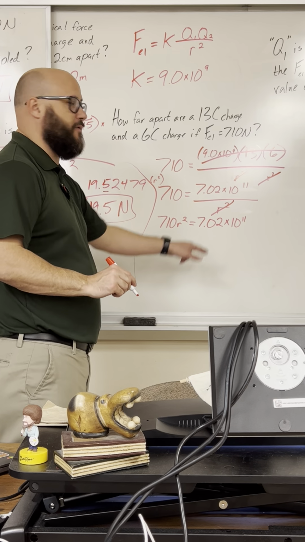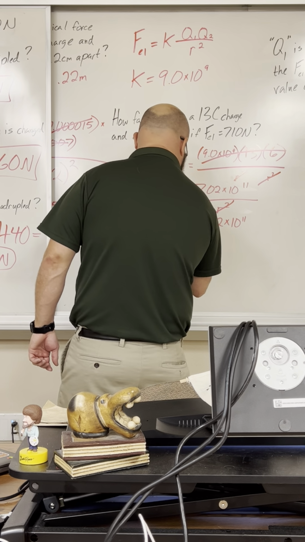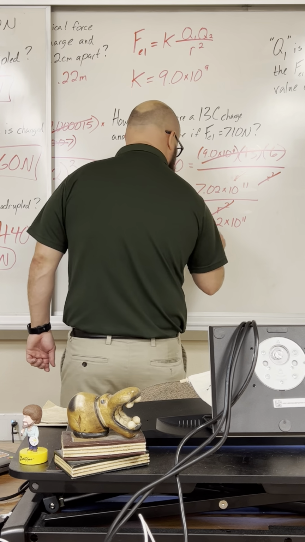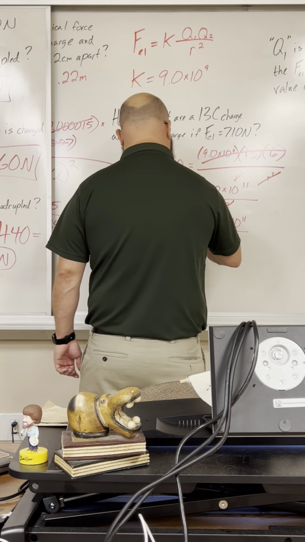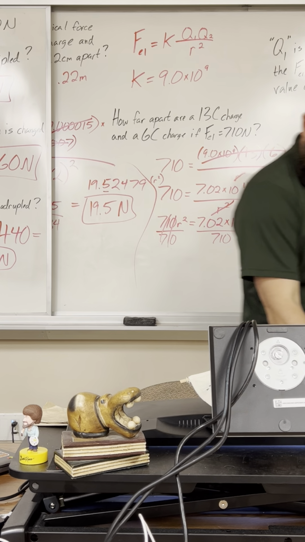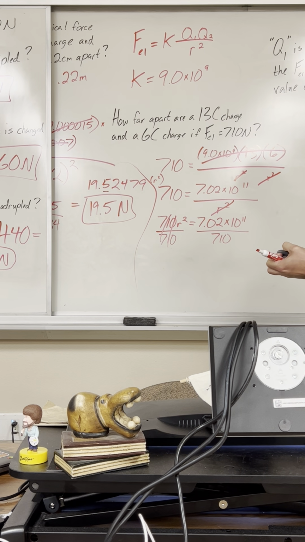Now we're going to divide both sides by 710. Gives us a really big number.